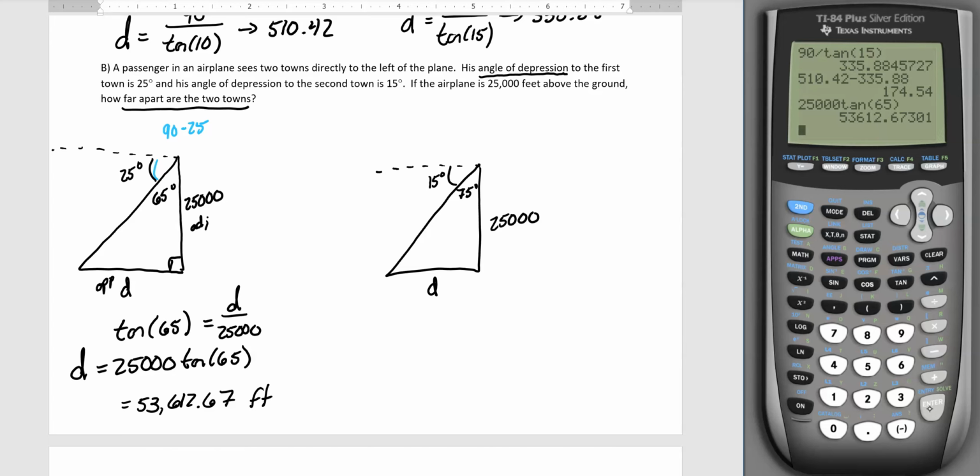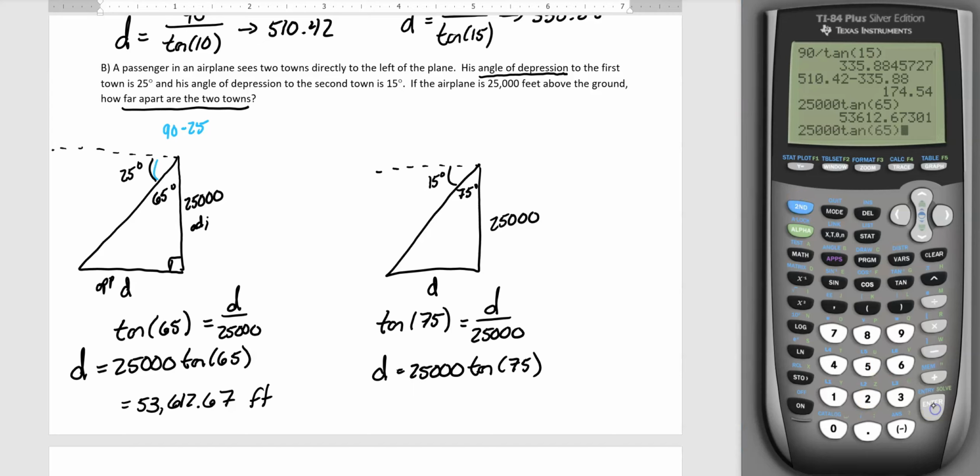Now the second town has the 15 degree angle, so that means the angle in the triangle would be 75. Same equation to set up here. So we'd say that d equals 25,000 times the tangent of 75 this time. So I'm just going to do a copy paste here and change it to 75. There we go.